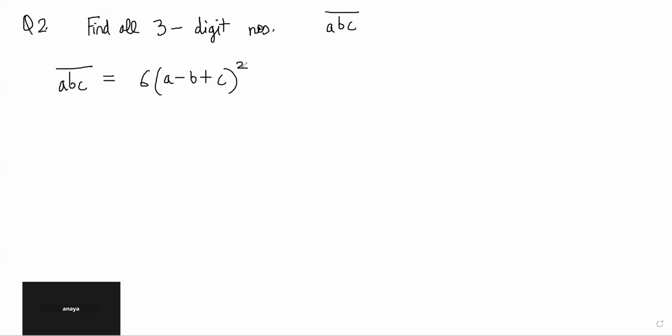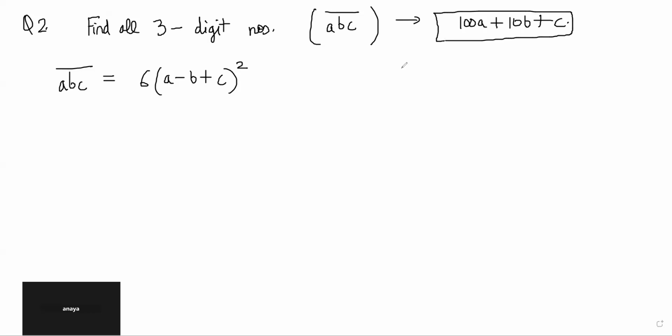Did I give this question? Yes. You have to find all the 3-digit numbers which will satisfy this condition. When I write the number like this, that basically means 100A plus 10B plus C, right? Okay, did you get any number?